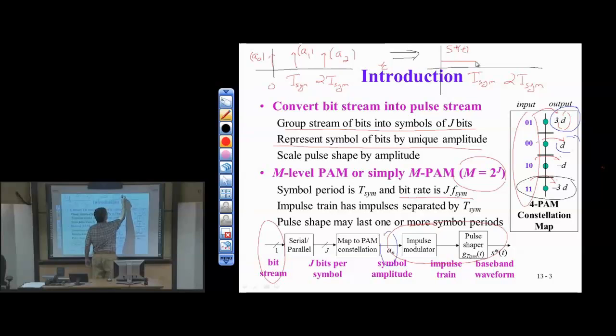Let's go with 3D on that one. And then the next symbol amplitude, which would be A2, gets held. We can call that minus D if we wish. So that's my baseband waveform for transmission. I have other steps to do. There'll be subsequent filtering steps and up conversion.